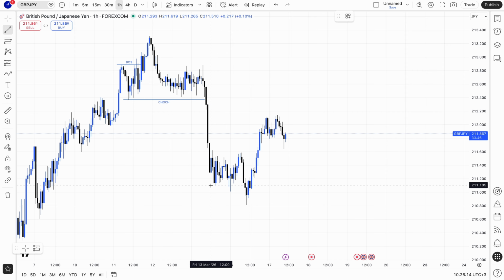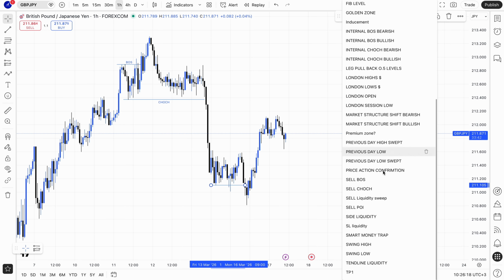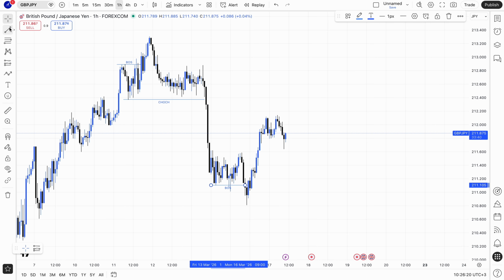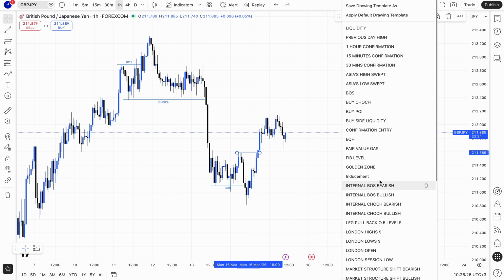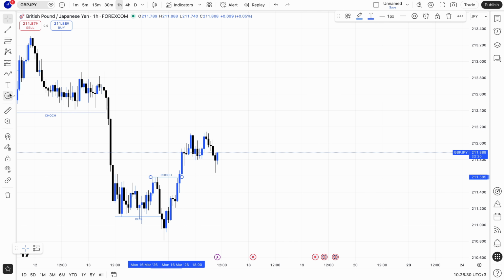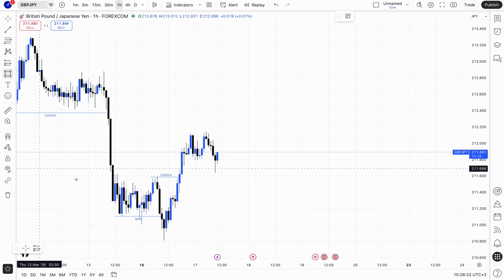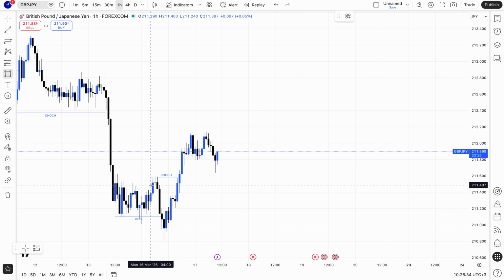Then we had the break of structure, continuation to the downside. Then we had the change of character to the upside. And now we have our order block, which is here, our breaker block, which is here.